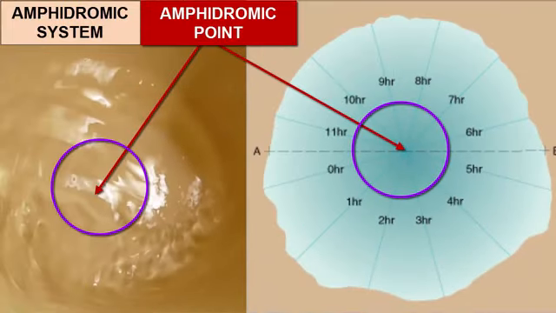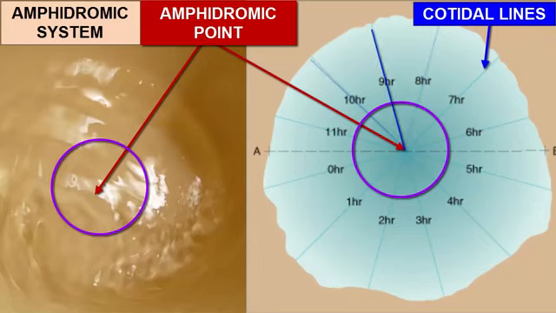In this bird's eye map view, we can further describe the amphidromic system with lines and circles. These lines, that look like spokes of a wheel, represent the location of the high tide every hour as it moves around the bucket. We call these lines co-tidal lines because every location along the line experiences high tide or low tide at the same time.